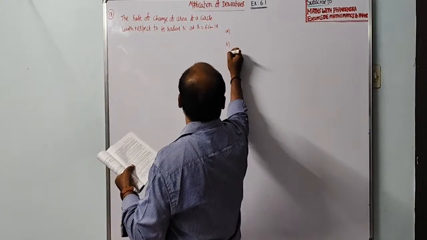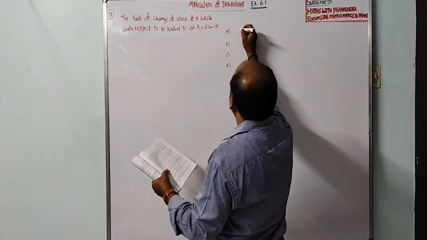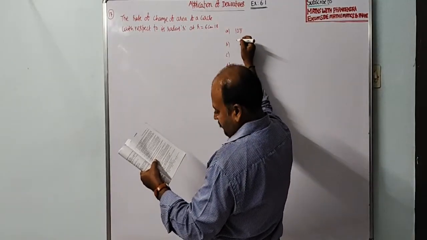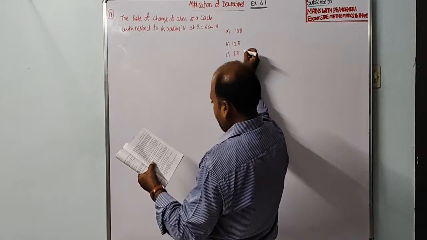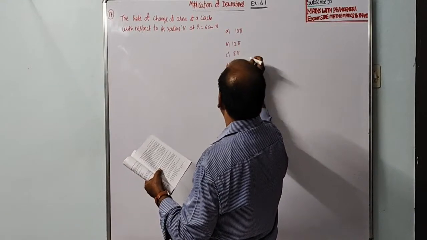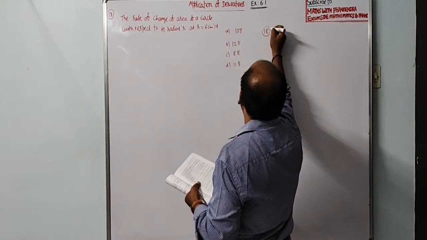Options: 10 pi, 12 pi, 8 pi and 11 pi. Next question number 18.